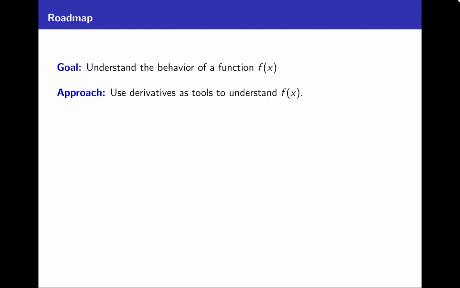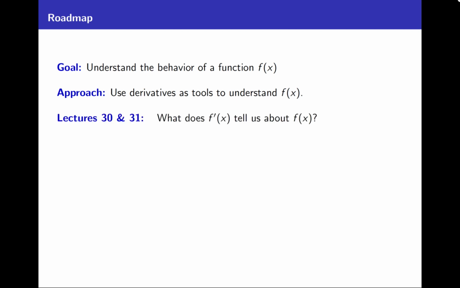We begin with a roadmap of where we are and where we are going in part 4. Remember, our goal, our destination, is to understand the behavior of a function f of x. And our approach, the road we're taking, is to use derivatives as tools to understand f of x.